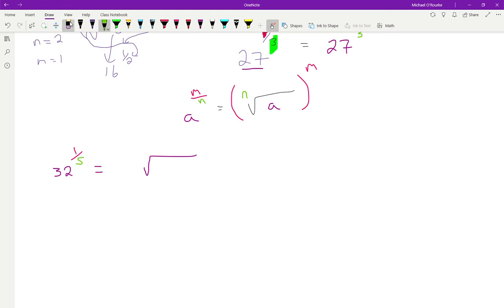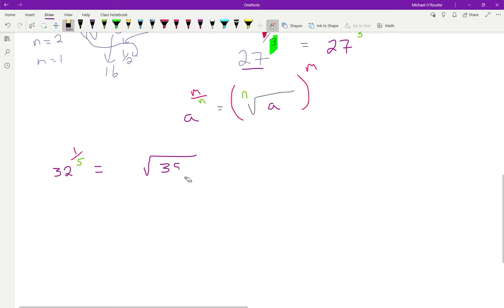That's a 5. 5s and 6s I'm really bad at online. So 32 to the power of 1 over 5. We want to move it to a root, and the number goes inside.